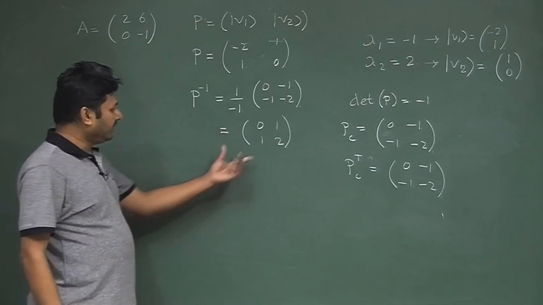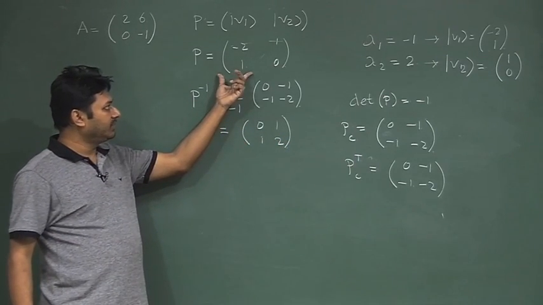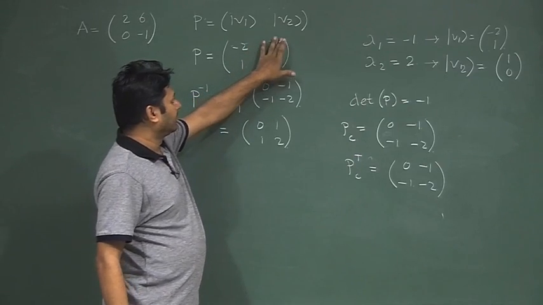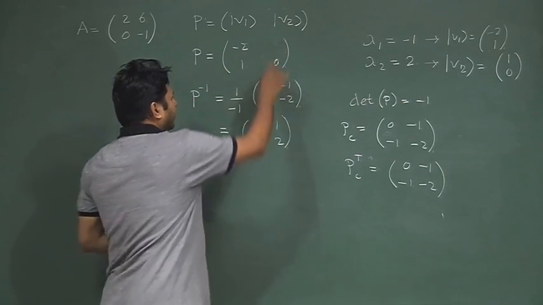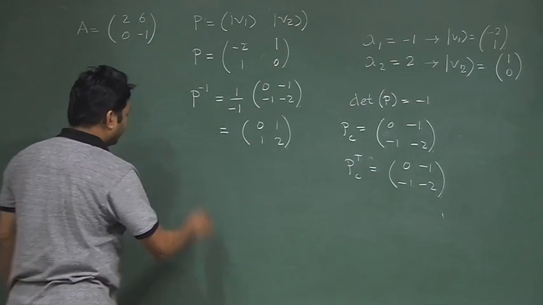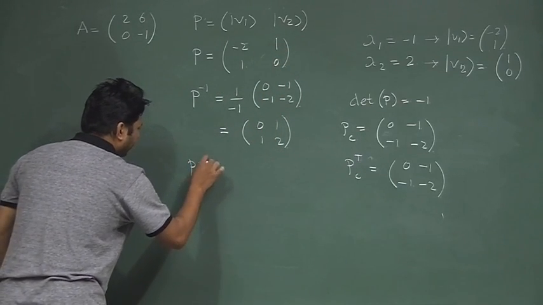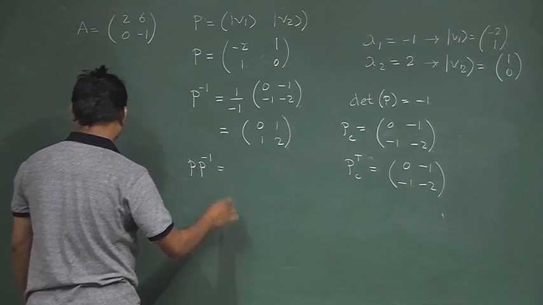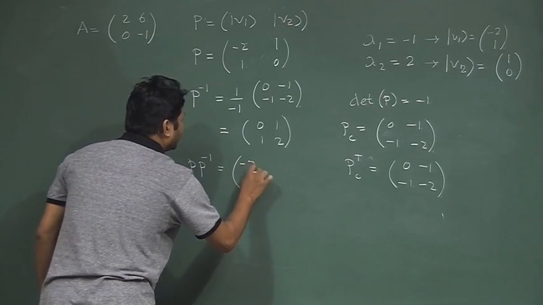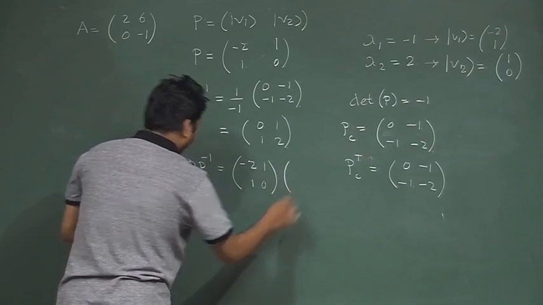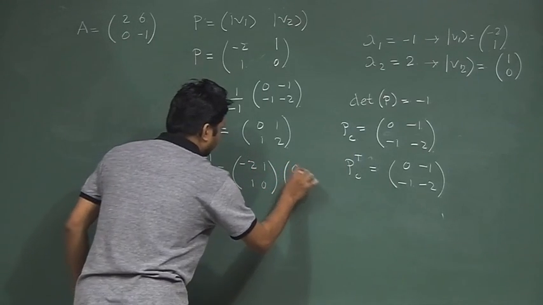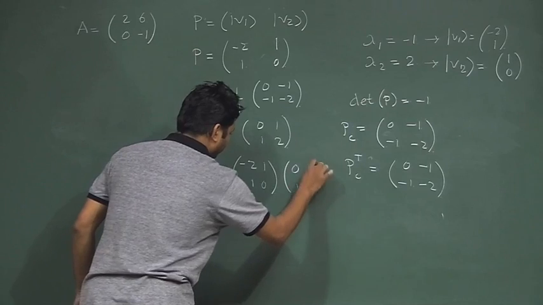After having the P inverse, the next important thing is to check whether the P inverse you are getting, or I am getting here, is the correct thing or not. So first I am going to check with P, which is [minus 2, 1; 1, 0], and P inverse, which is [0, 1; 1, 2].